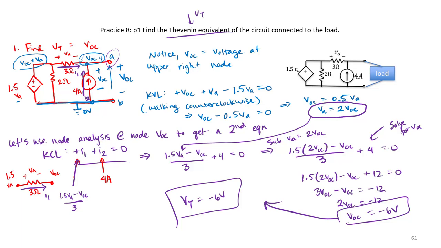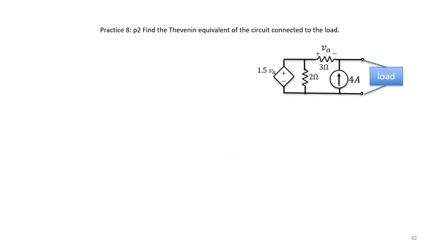I found Thevenin voltage, but I need to also find our Thevenin resistance. So let's find Thevenin resistance next. Following our procedure from lecture 7, notice we have a dependent source in this circuit.